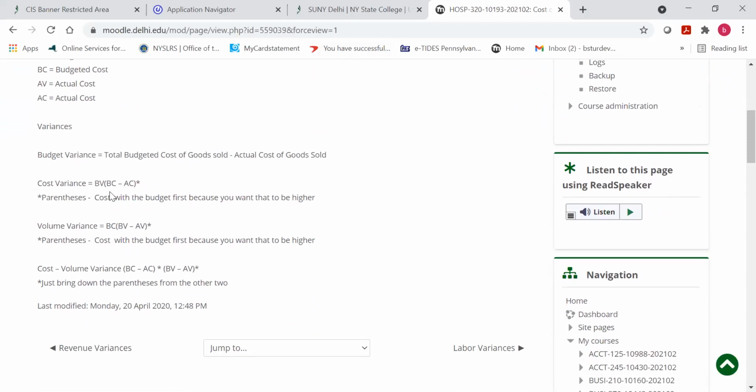Budget first, and then you're going to multiply by budgeted whatever else you have, which in this case is volume. Volume variance, same thing. Parentheses, budget goes first, multiply by your budgeted cost. And then your cost volume variance, again, just bring down the parentheses.